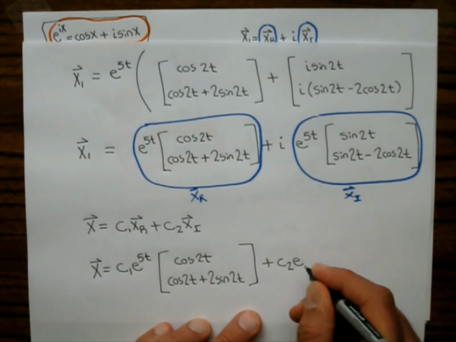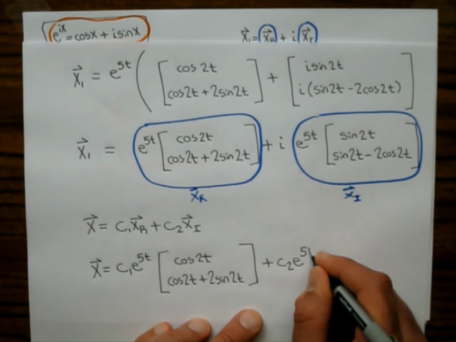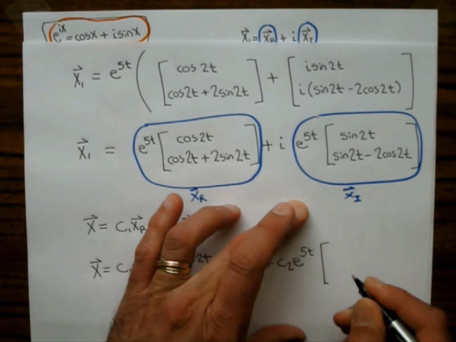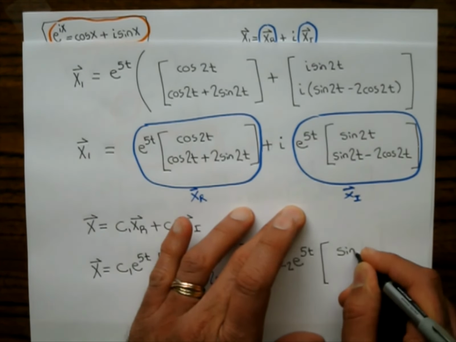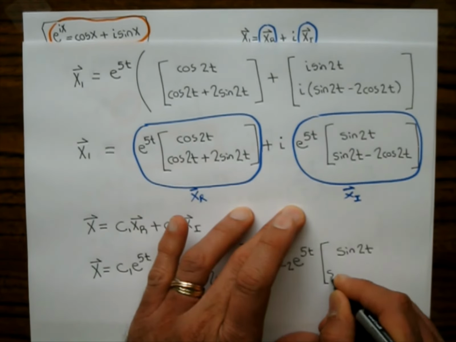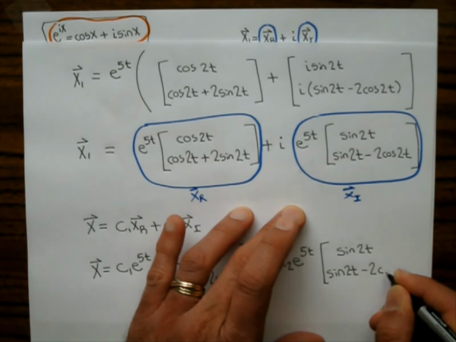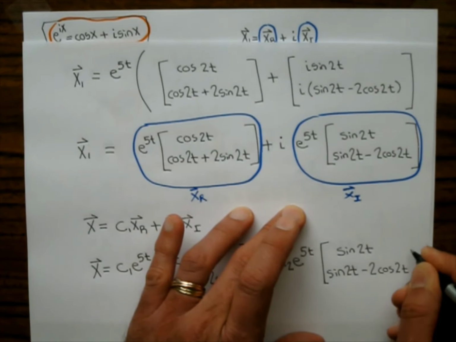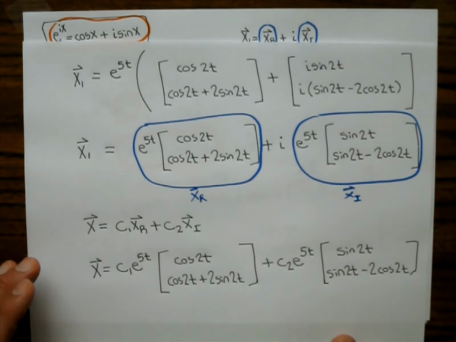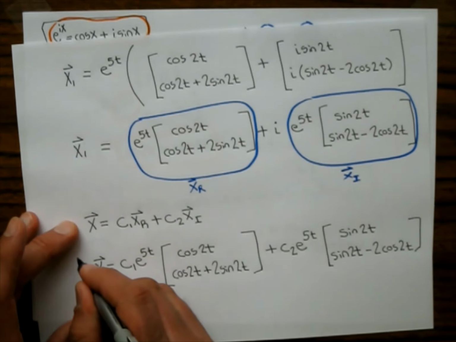So we're not going to write the i there. e to the 5t, sine 2t, and then sine 2t minus 2 cosine 2t. And so this gives me the answer.